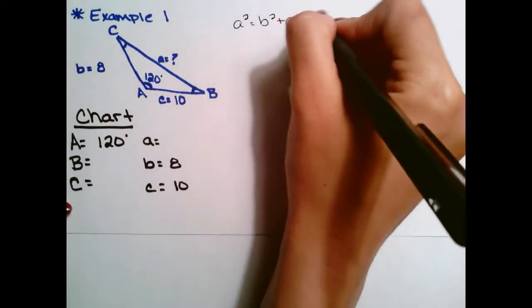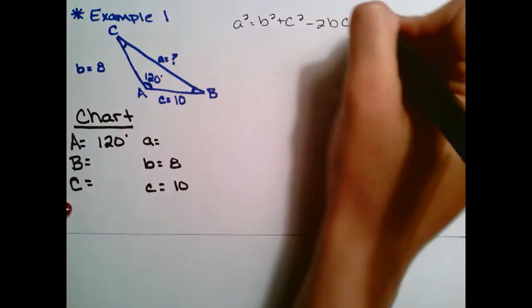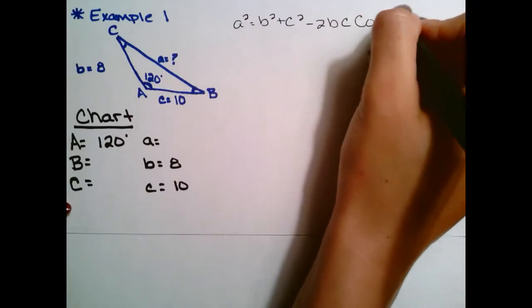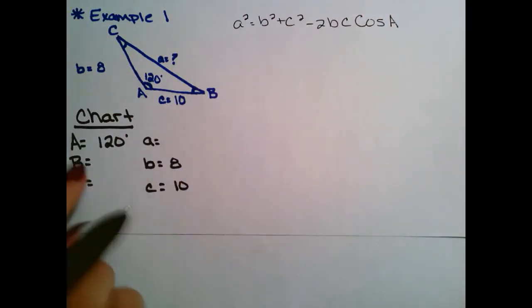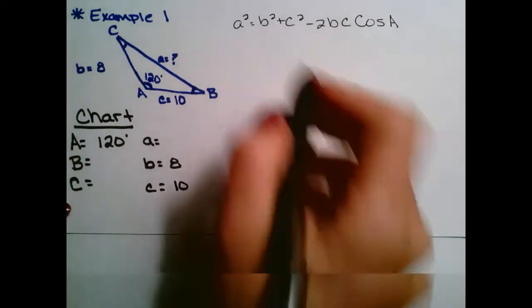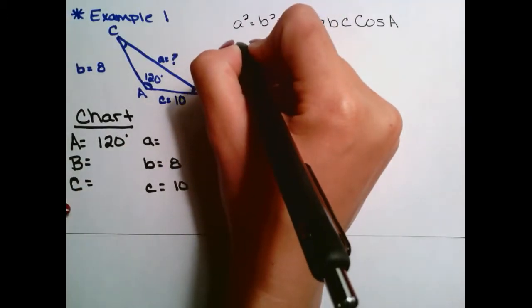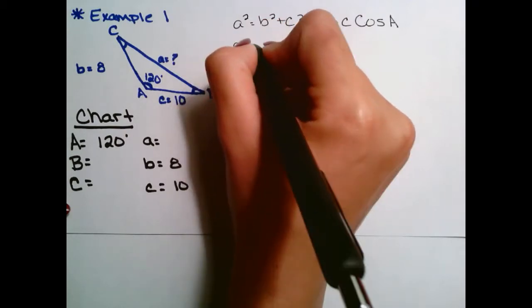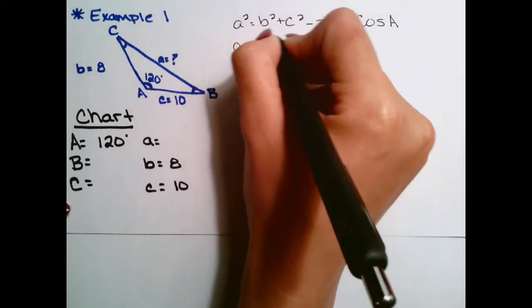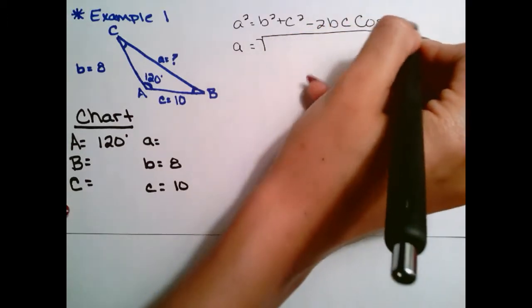I'm going to rewrite that formula for you for a moment. And now I'm just going to plug in the b's, the little c's, and then the big angle A. I'm also going to take a moment and get that squared out of here. Remember, the way we get rid of a squared is by putting in a square root.